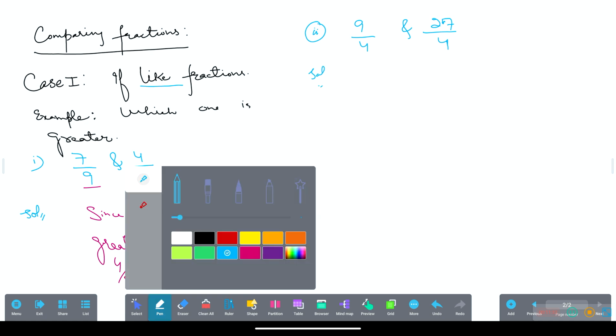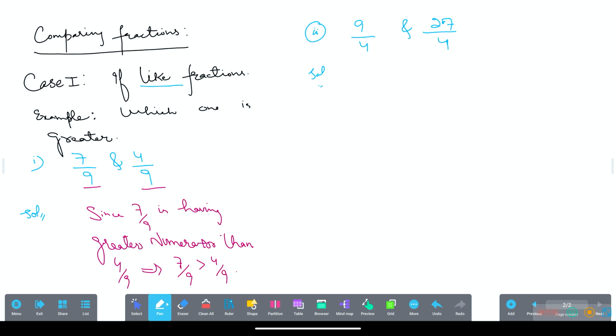Now, if you have got the concept, you need not write all these things. Since 7 by 9 has a greater numerator than 4 by 9, you can directly write for 9 by 4 and 27 by 4, among the two, which one is greater? Because we are doing here, which one is greater? So clearly their denominators are the same. So it will be their numerators, and the fraction with the greater numerator will be considered greater. So clearly 27 by 4 will be greater than 9 by 4.